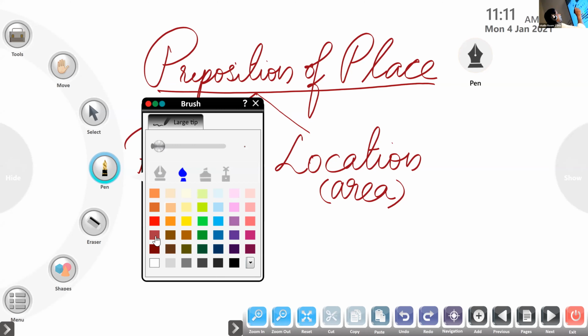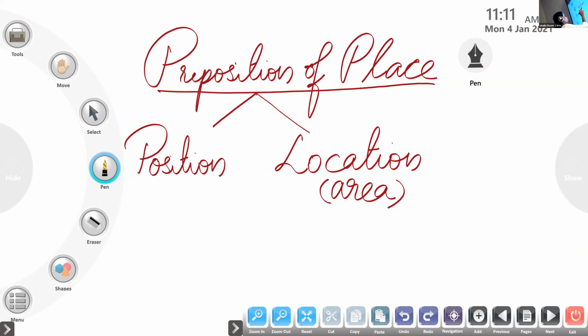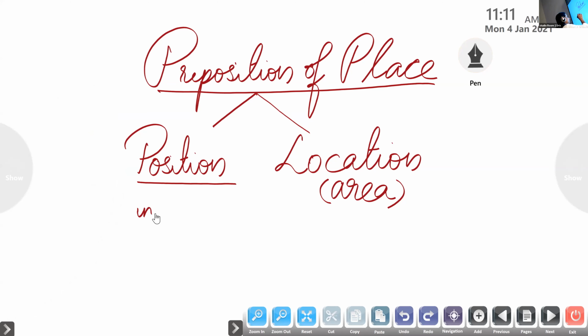Okay, so we have learnt about the position under, we have learnt about in. In means what, children? What is the position of in? The ball is in the box. Have all of you understood? On means what, children? On. What is the position of the ball here?